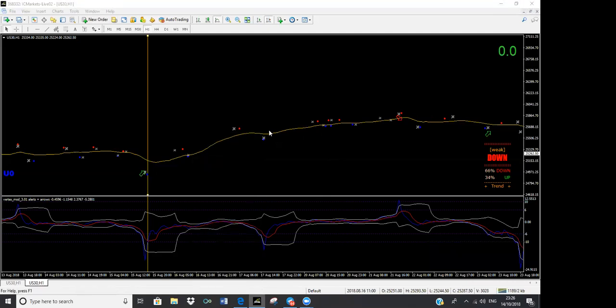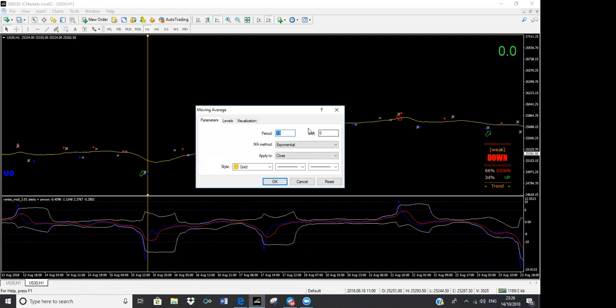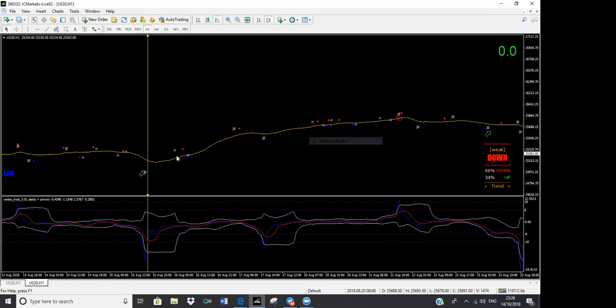Okay, let's delete this because this is giving us an idea. There, I know the pullback. I'll enter here. Pullback. I'll add another trade here.